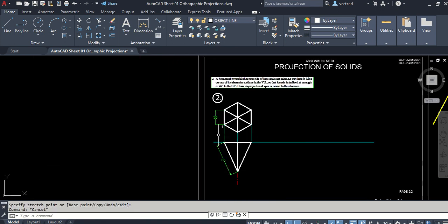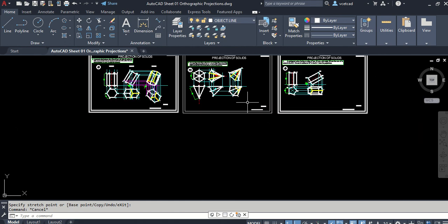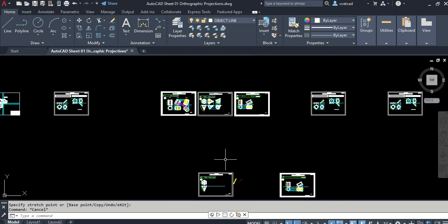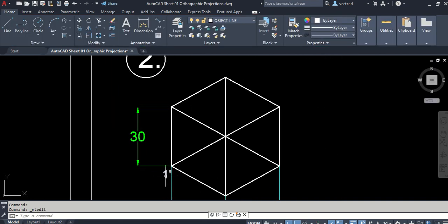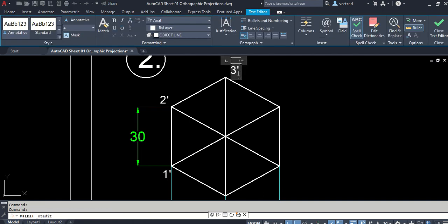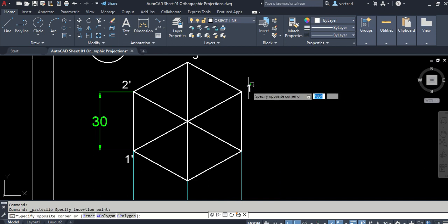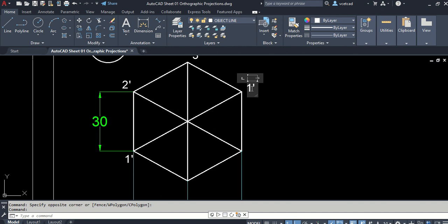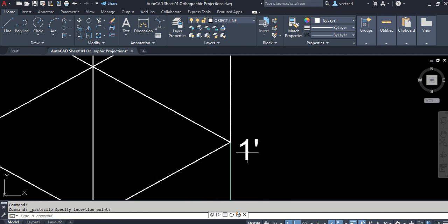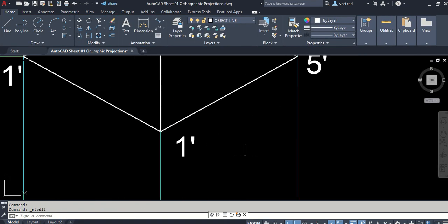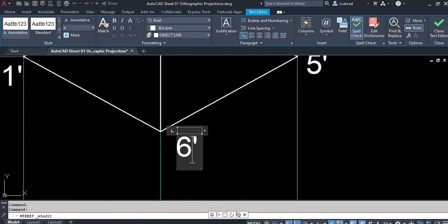This is my point 1, 1 dash, point 2 dash, 3 dash, 4 dash, 5 dash, 6 dash.